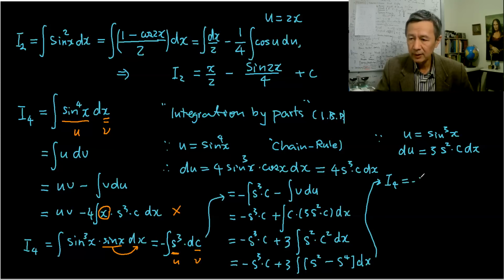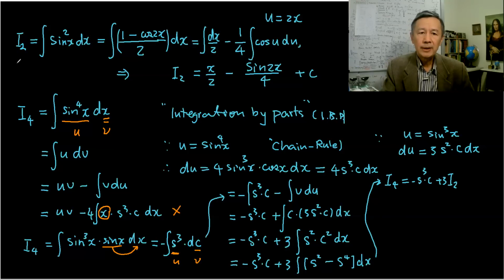The first term is S cubed times C. The second term is 3 times the integral of S squared, using the notation for integral, the power of 2. Here we borrow this, because I rewrite this term so we can use the result here directly. When we're dealing with a more complicated issue, we can always use this power directly.